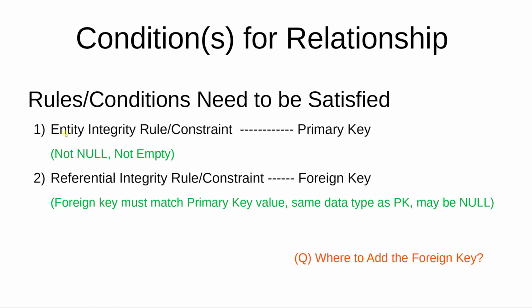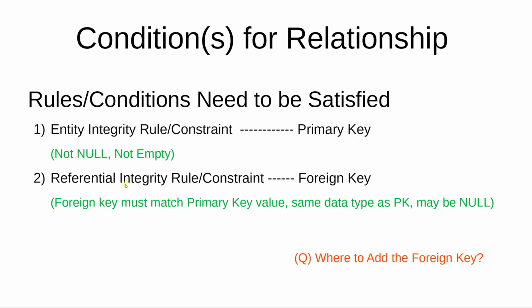Two rules are there: the entity integrity rule or constraint, and the referential integrity rule or constraint. The entity integrity rule says that each entity must have a primary key, and the primary key value should neither be null nor empty.